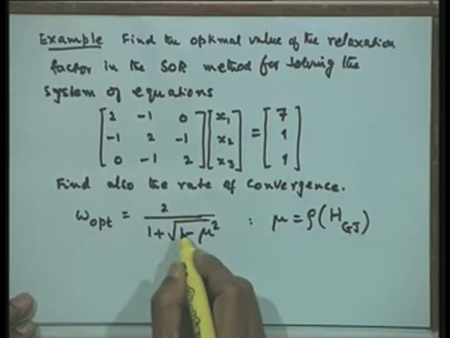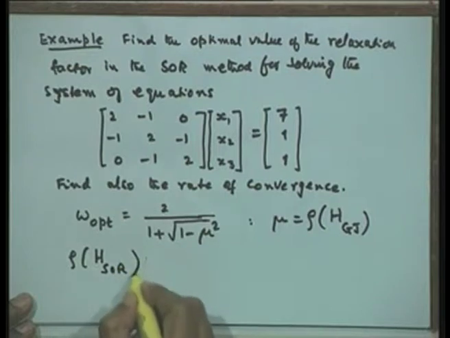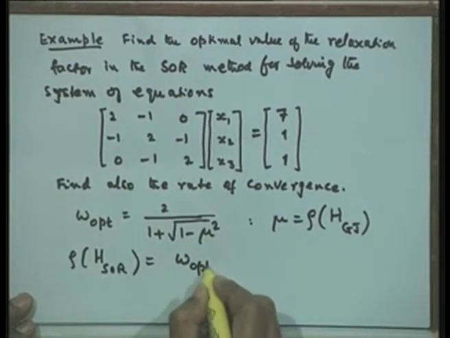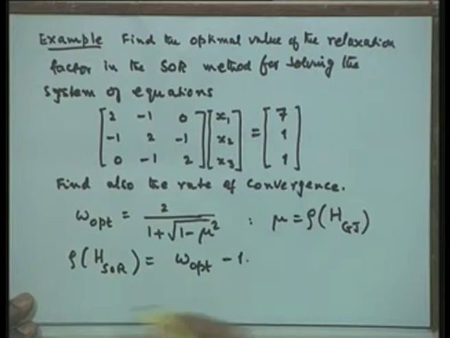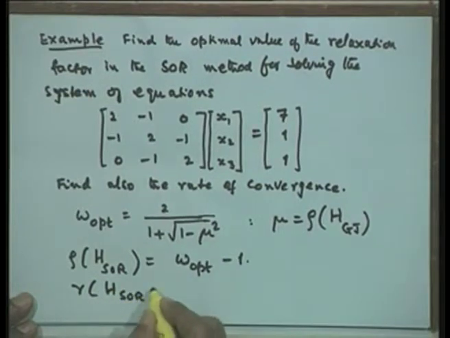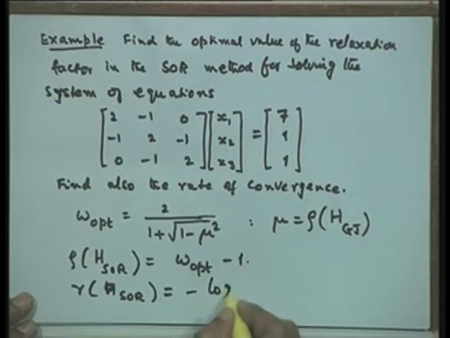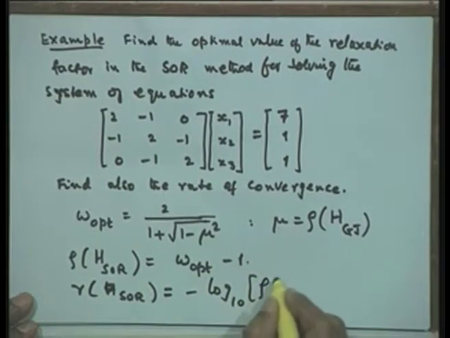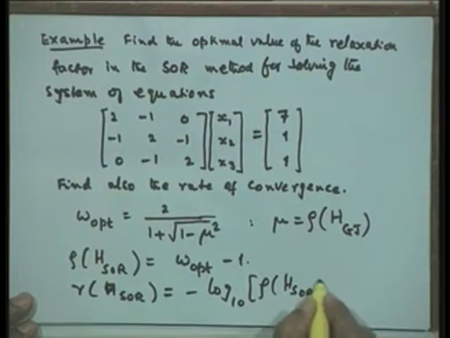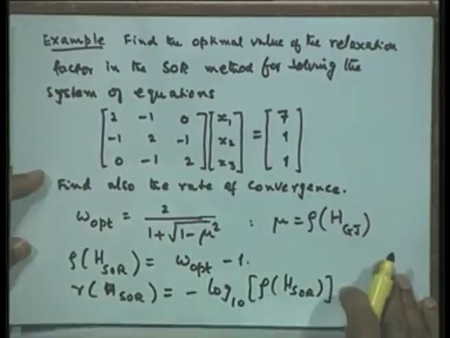Once I find the omega optimum, I can write down the spectral radius of the SOR scheme as omega optimum minus 1. Then the rate of convergence of the SOR scheme is minus log base 10 of the spectral radius of H SOR. Therefore, I need to find these three quantities to complete this particular problem.